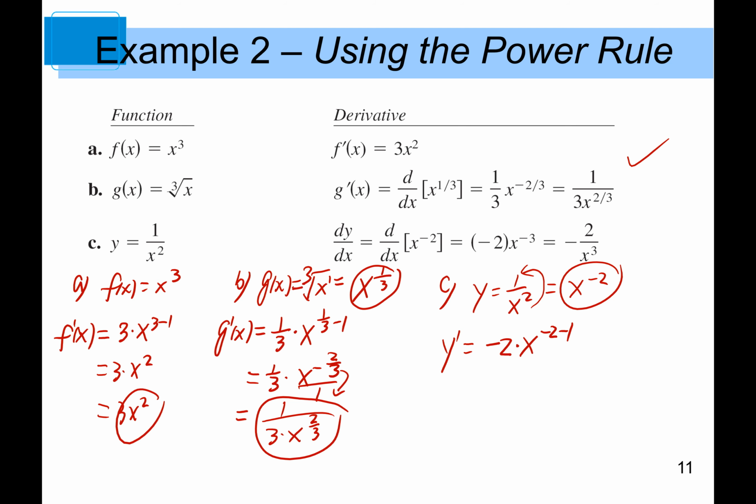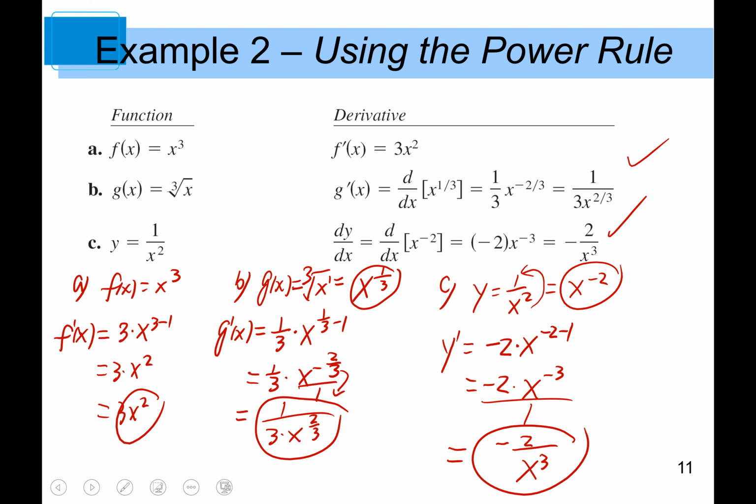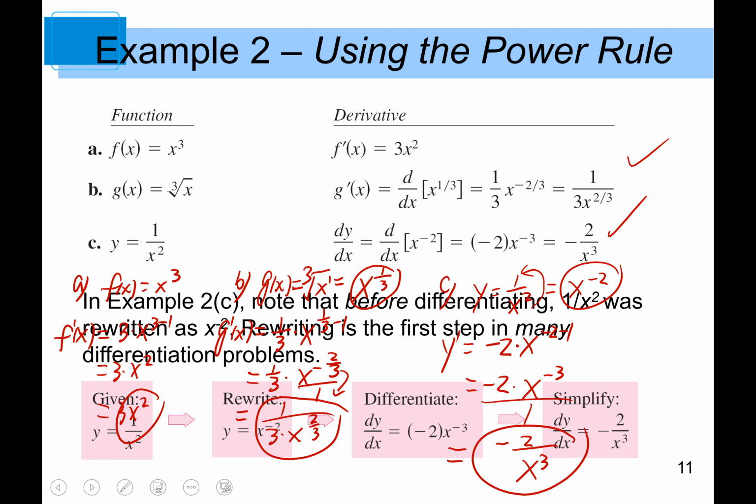Now we have negative 2 times x to the negative 3. Make it a fraction, flip the exponent to the denominator, and it becomes negative 2 over x to the 3rd. Okay, so that's the solution behind this.